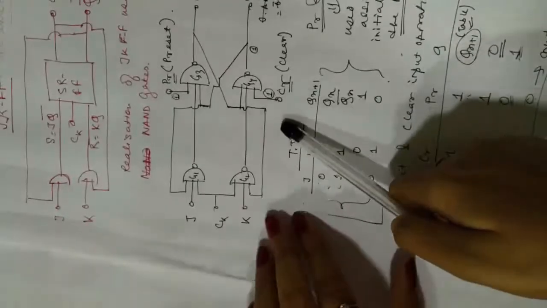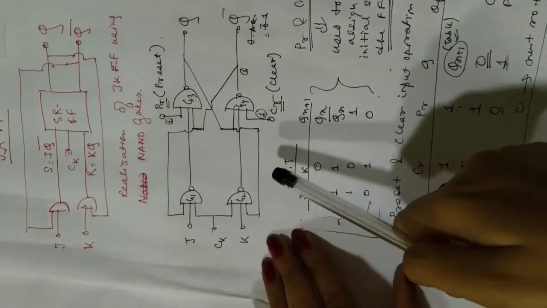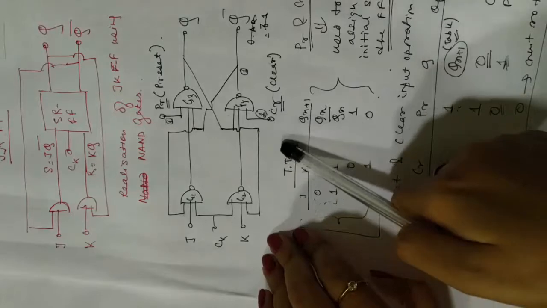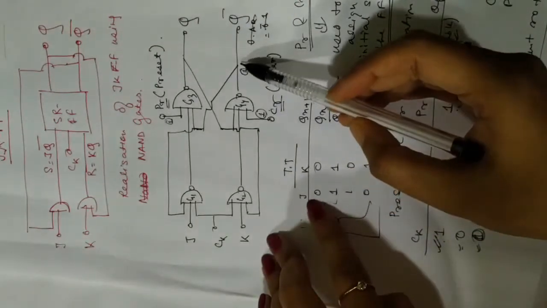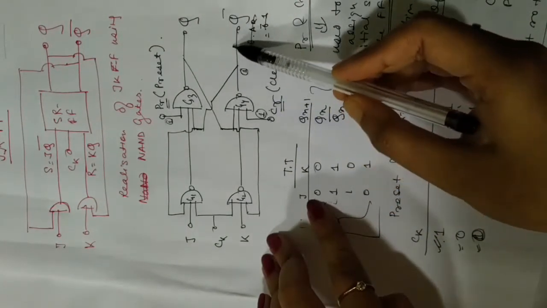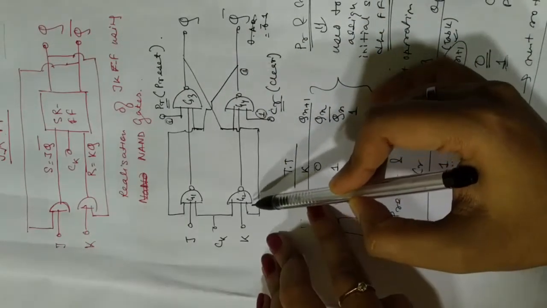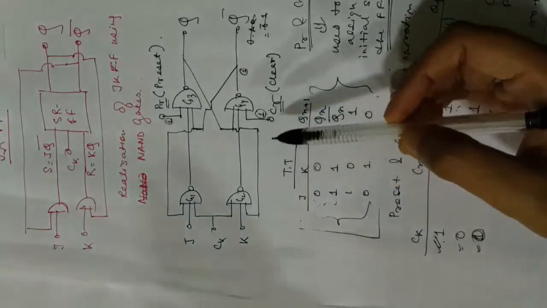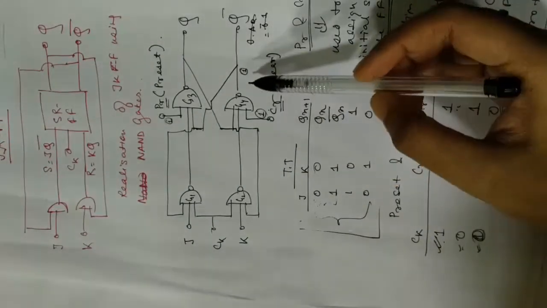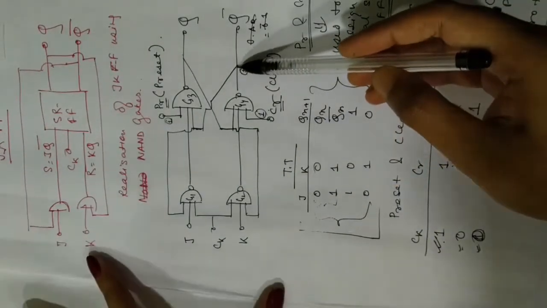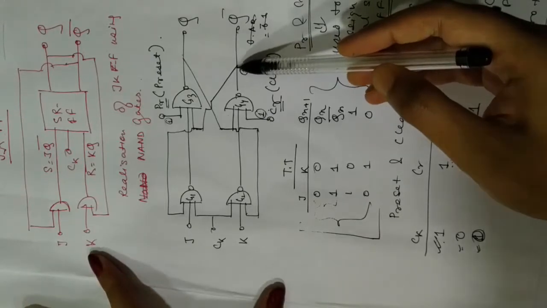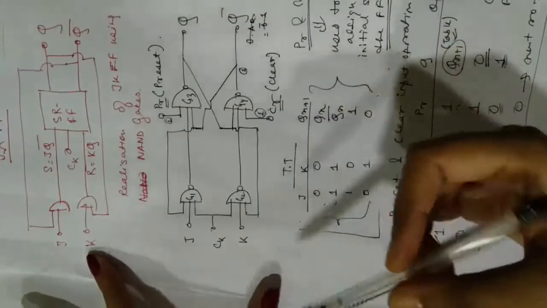So let's understand the importance of the master-slave JK flip-flop. If you look at this diagram once more, you can find one thing: the output from the first stage is being fed back to the input in the JK flip-flop, right? Initially it was not done in the SR flip-flop, but in the case of the JK flip-flop, we find a feedback has been taken from the output to the input.